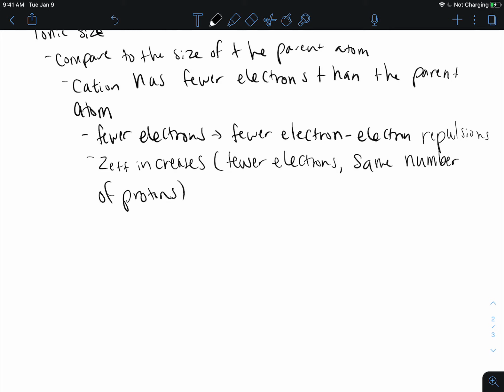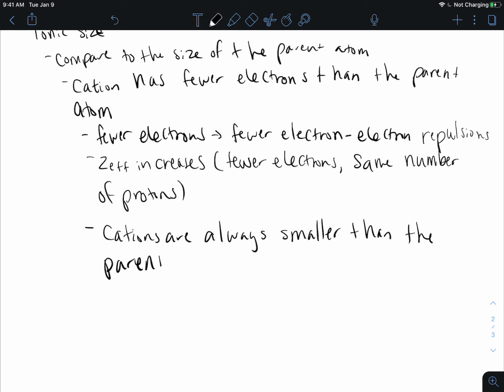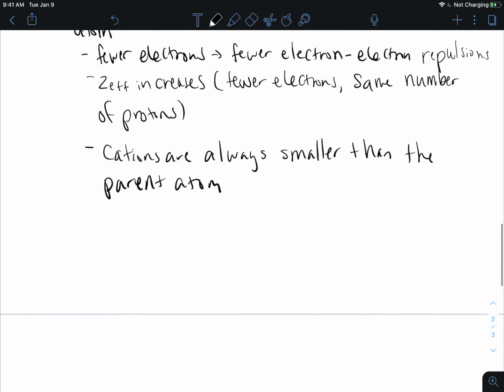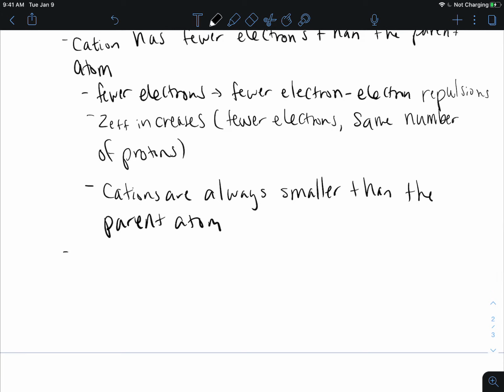So we have fewer electrons causing repulsion between other electrons, and we're increasing our Z effective, so cations are always smaller than the parent atom.